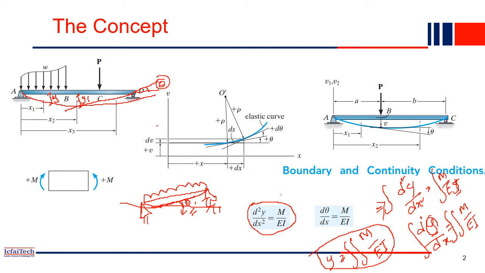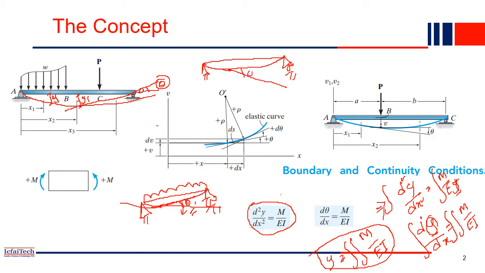Let me explain it in more detail. Just consider a beam with a hinge at one end and a roller at the other end, and after application of the load, this is the deflected shape. At any particular point, if you want to find the slope, this is the slope.